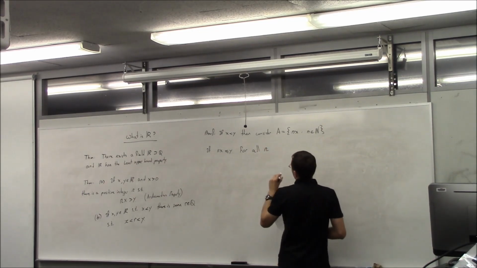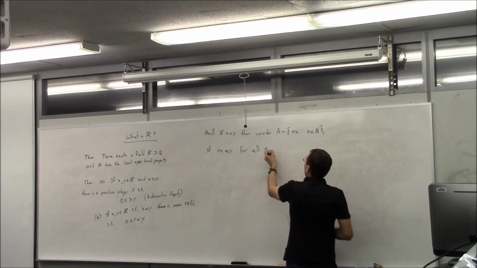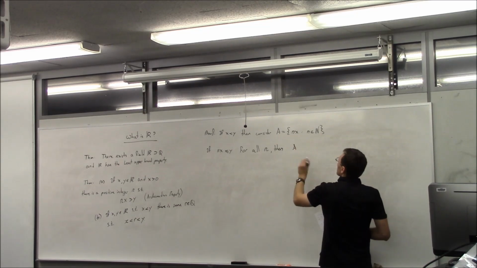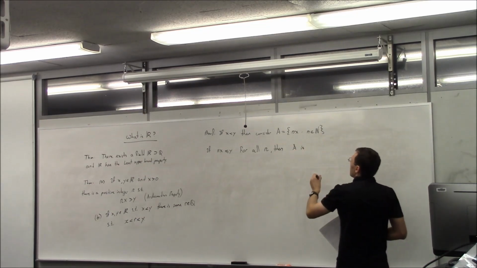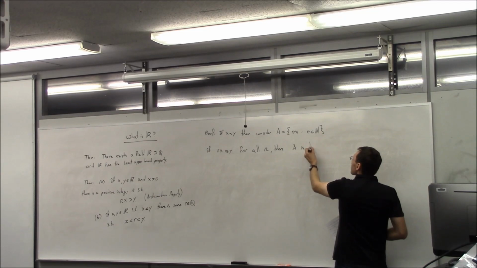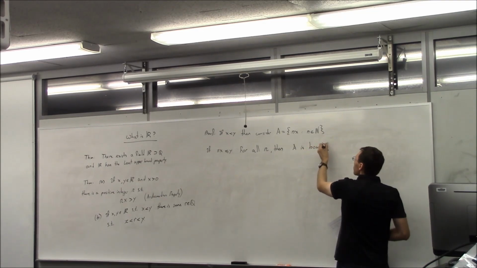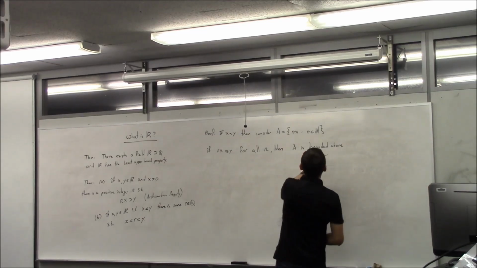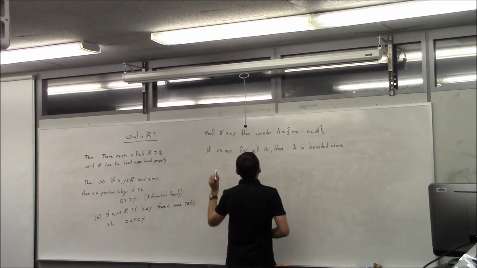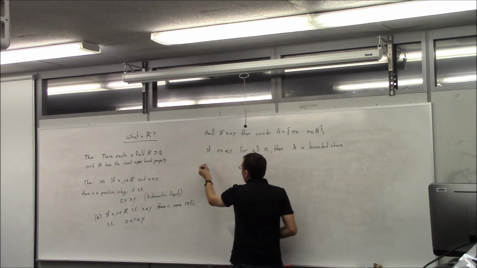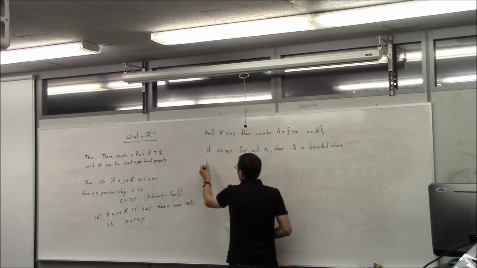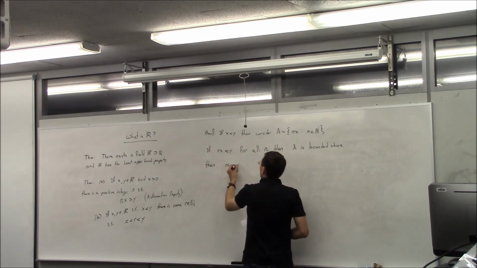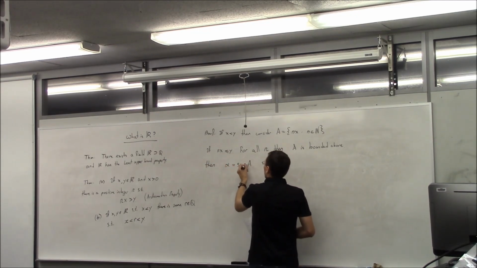If n times x is less than y for all n, then A is bounded above. And if it's bounded above, we are in this R. So that implies that alpha equal to the supremum of A exists.